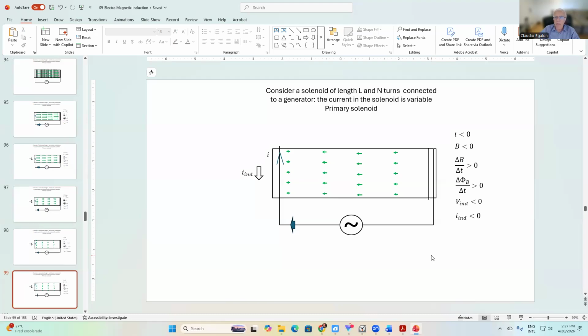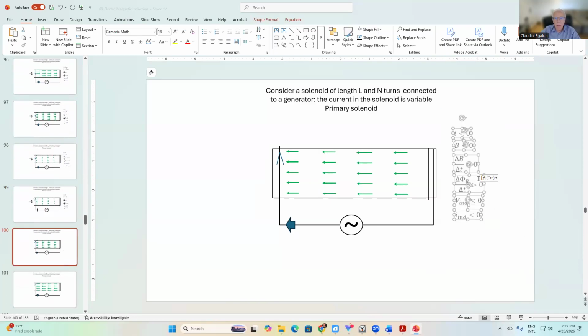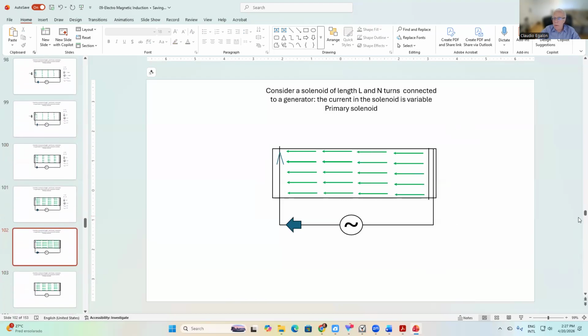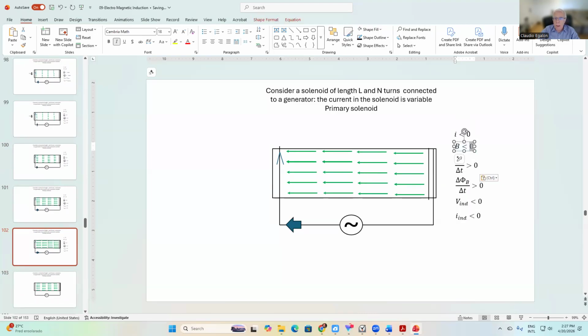And the whole thing continues increasing. The magnitude of the magnetic field continues increasing until it reaches a maximum value in the opposite direction, equal to minus B max.